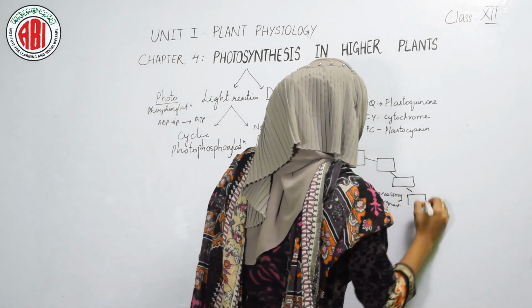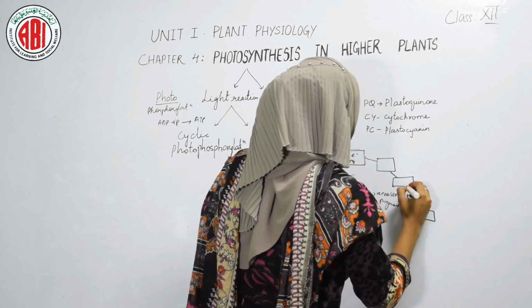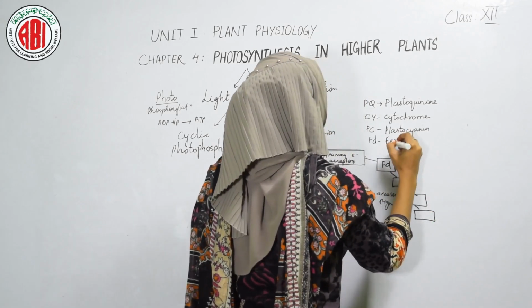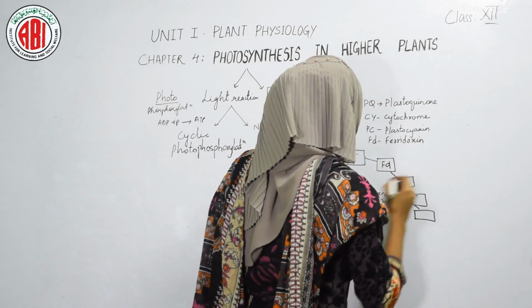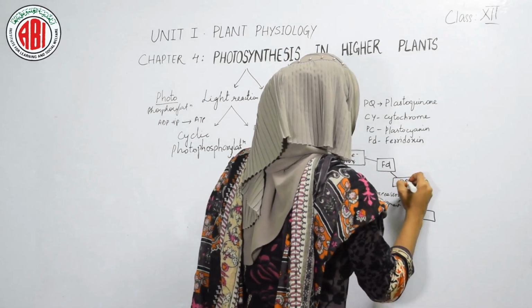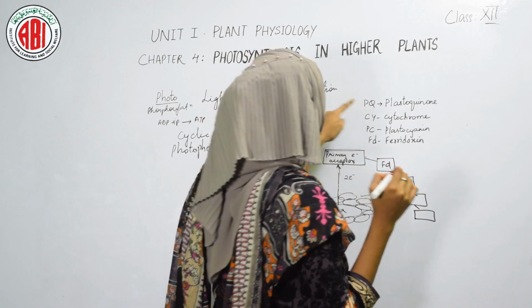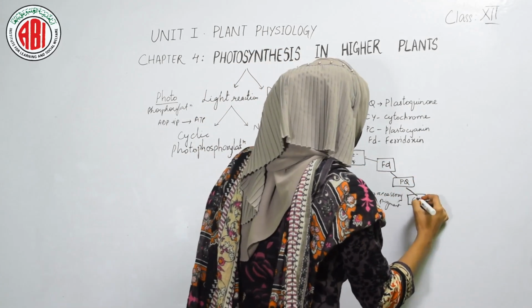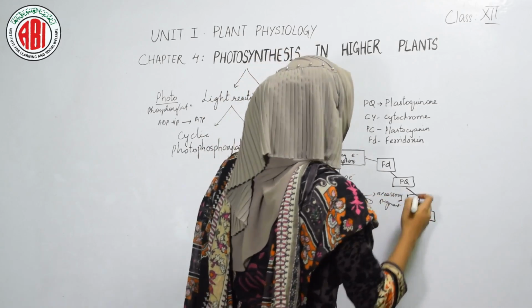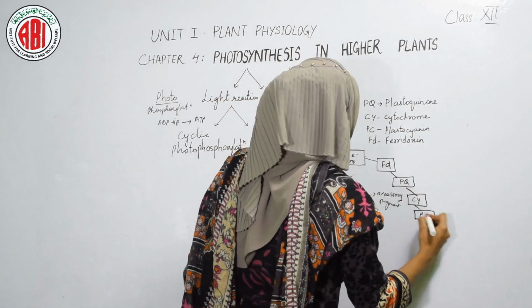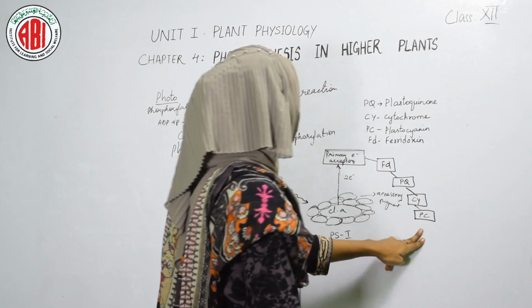The first electron acceptor is FD, that is ferredoxin, and from ferredoxin the pair of electrons is passed to PQ, that is plastoquinone. Then from plastoquinone it is accepted by the cytochrome, and then from the cytochrome it is passed down to the plastocyanin.